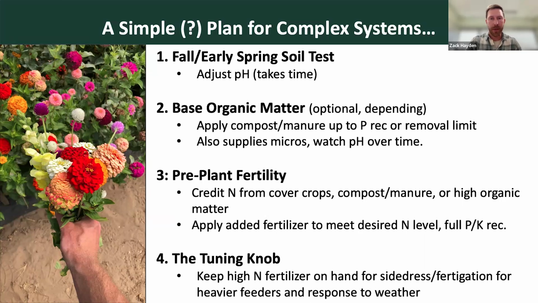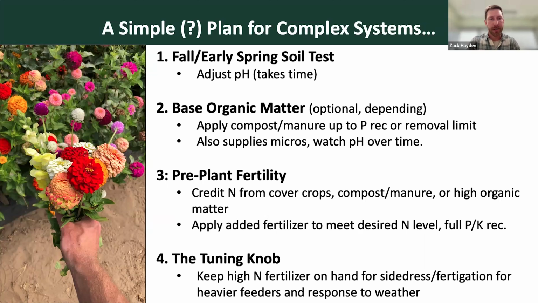This is optional depending on your system, but if you're interested in building organic matter over time and you see some utility from a compost, choose your rate of that compost based on phosphorus recommendation or your removal limit. And then as you're doing that, that's hopefully also going to supply some micros as well as microbes. And make sure you're also watching your pH over time, especially with dairy-based compost.